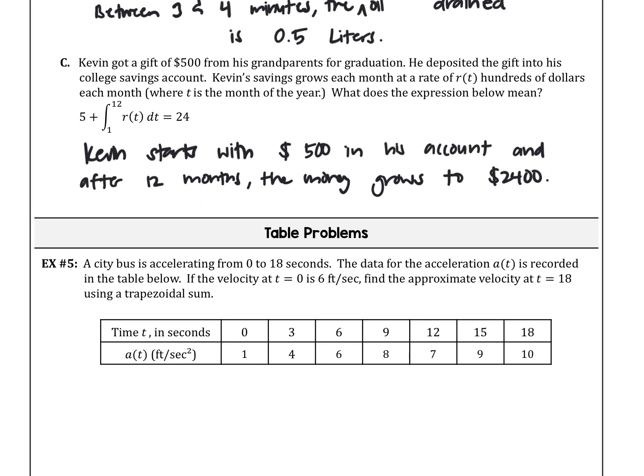All right, another little flashback here. Example 5, we're going to do a trapezoidal sum. It says we're given a city bus accelerating from 0 to 18 seconds. The data of a of t is recorded in the table. The velocity at time t equals 0 is 6 feet per second. So find the approximate velocity at t equals 18, using a trapezoidal sum. So let's first write the integral that we're actually evaluating.